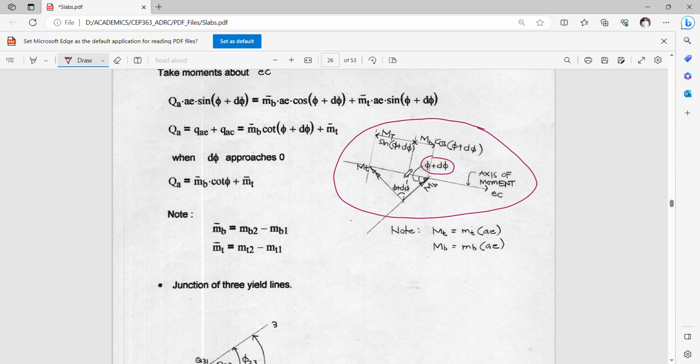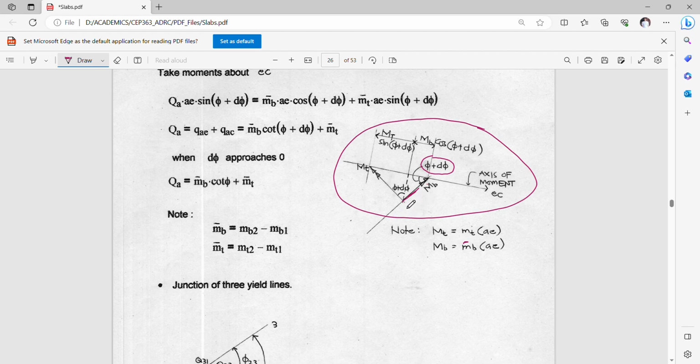That's why I may now come up with the components of this M bar B. MB is M bar B multiplied by the length of AE.